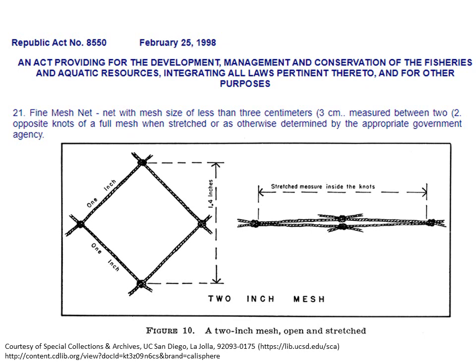Pag less than 3 centimeters. Yun yung in-establish ng ating government. Yun yung ating definition ng fine mesh net dito sa Pilipinas. Pero yung example natin dito sa illustration, hindi ito fine mesh net. Ipinapakita ko lang kung paano siya na-measure doon sa opposite knots of a full mesh.